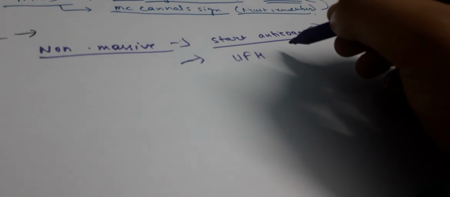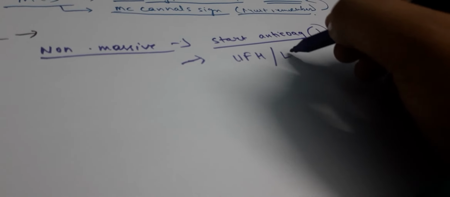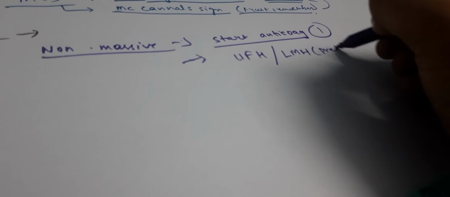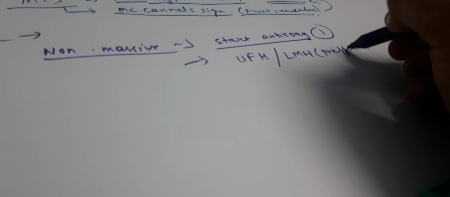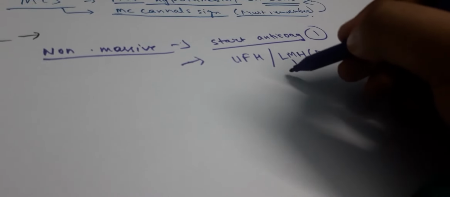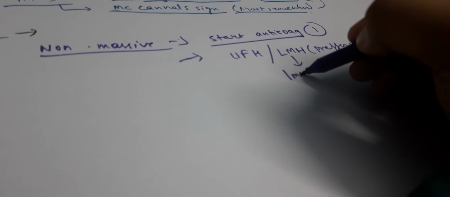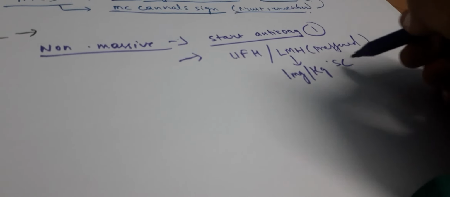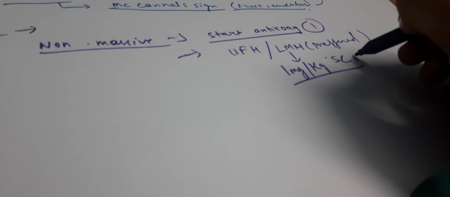Second thing you can do is unfractionated heparin. Okay, unfractionated heparin can be used, or low molecular weight heparin is preferred. All right, this is preferred. Okay, and what is the dose? 1 milligram per kilogram subcutaneous, twice daily.